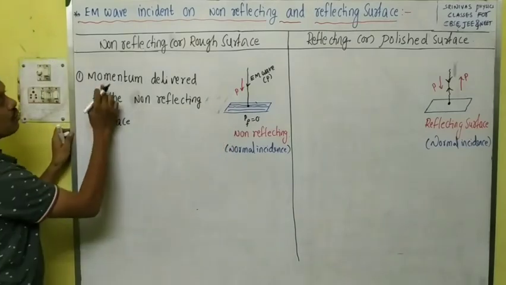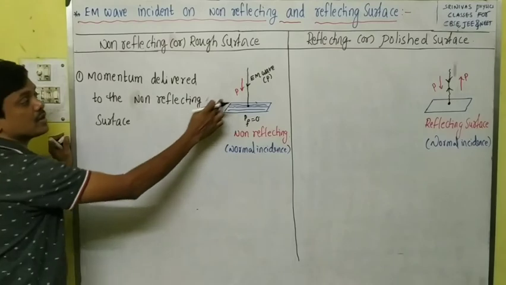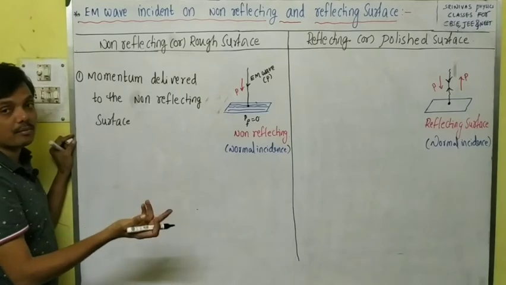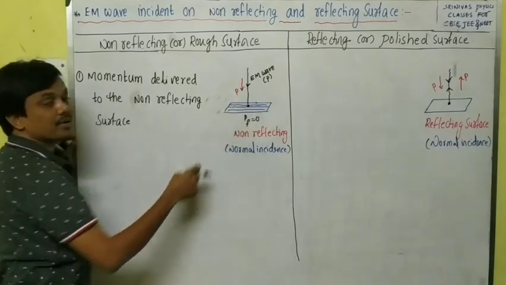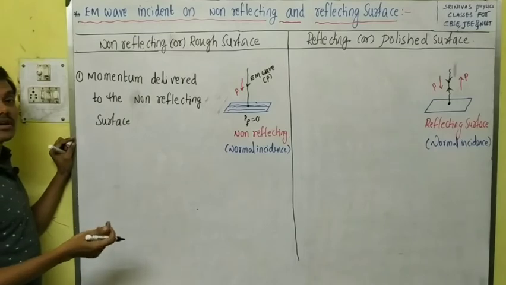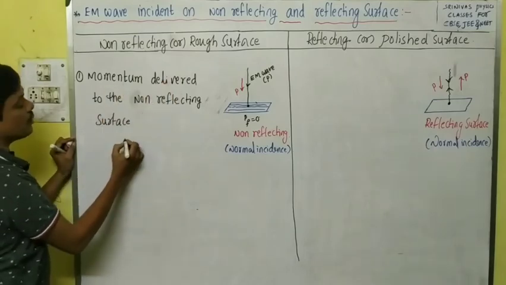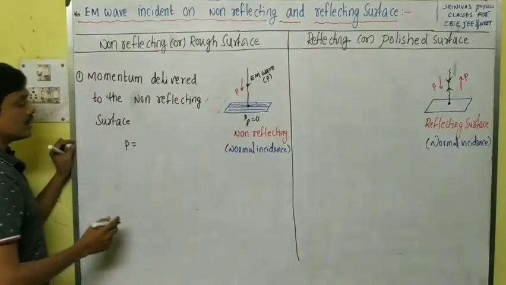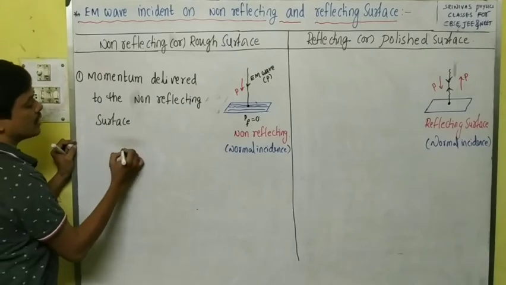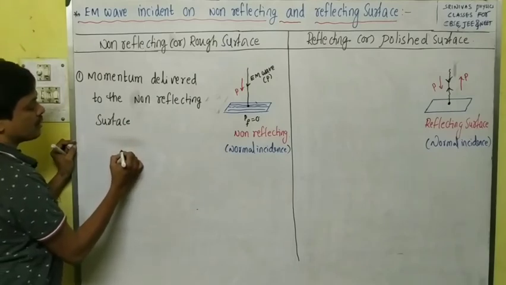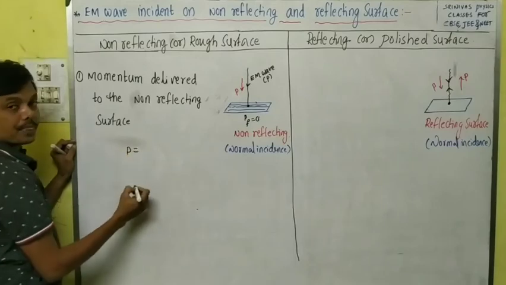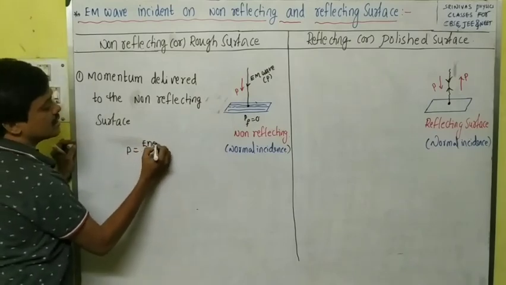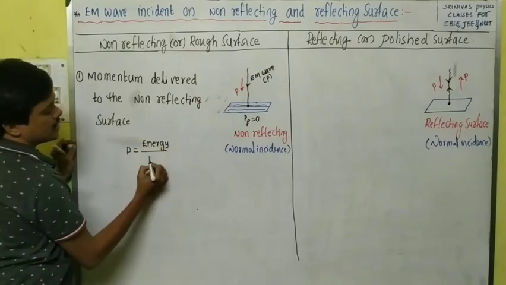Then what is the momentum delivered? That is equal to the change in momentum, initially P for the electromagnetic wave, but after striking, the momentum becomes zero because this surface completely absorbs the EM wave. That's why the EM wave does not have any momentum. The momentum delivered is equal to only the initial momentum, right? We write the momentum delivered as P, the initial momentum only, that we write as energy by speed of EM wave, not time.